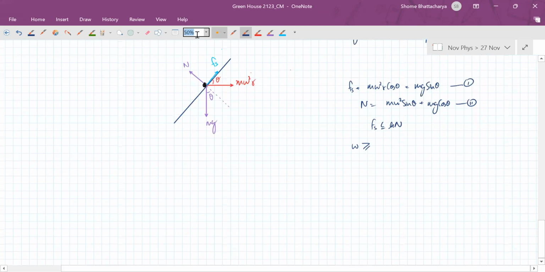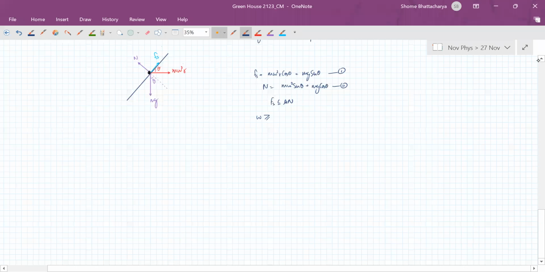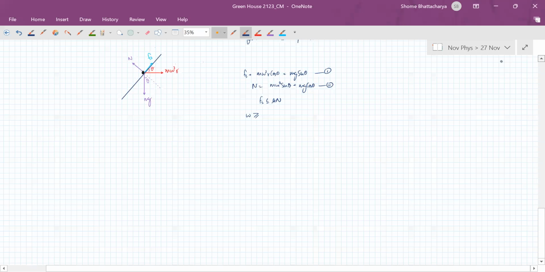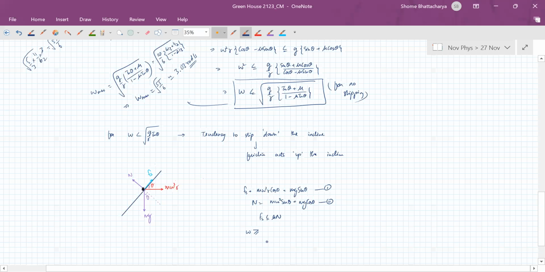Now what we can do is instead of solving the whole thing, in the above equation, everything is the same except friction's direction is reversed. So just replace mu with minus mu. Multiply mu with a minus sign. That will make sure that friction's direction in the FBD is reversed. So we'll get this.